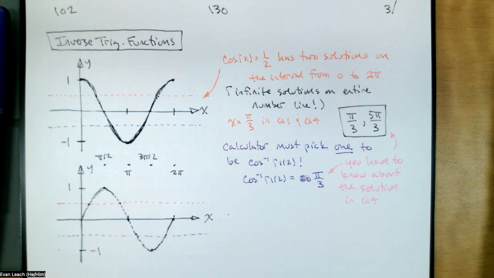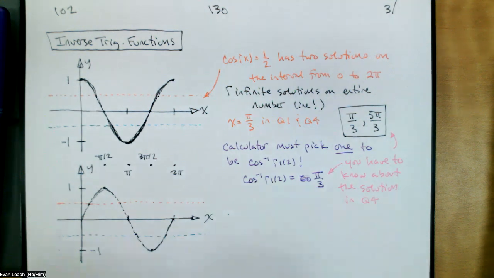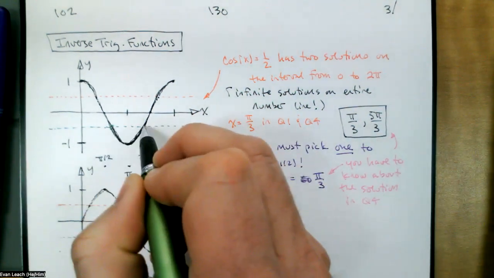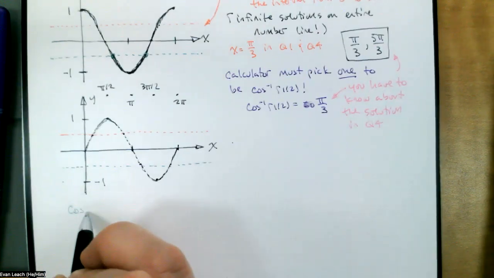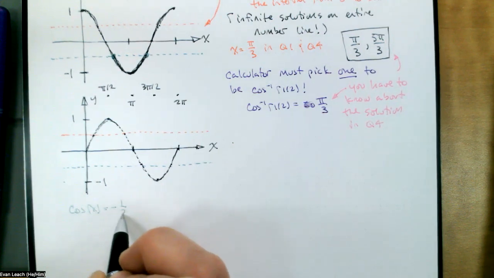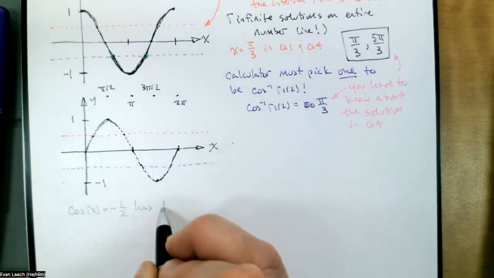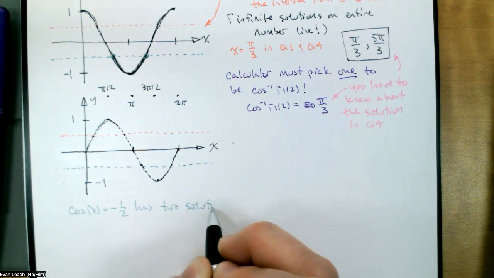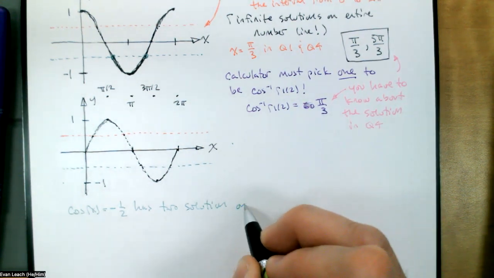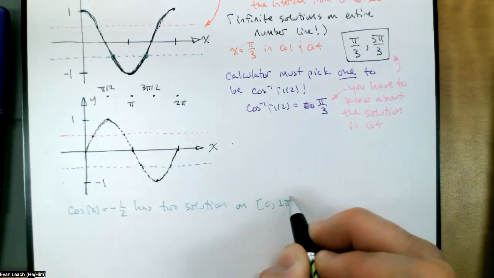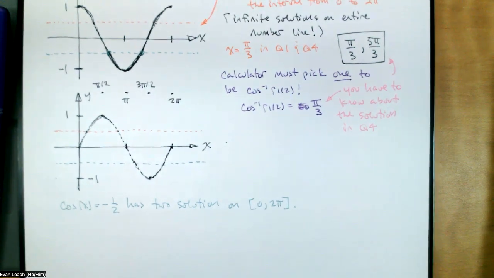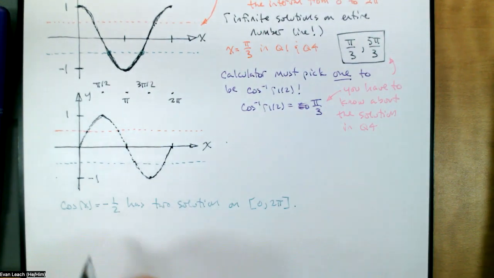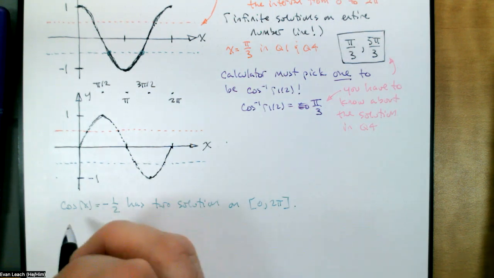The same thing happens when we look at cosine of x equals -1/2. We can see those two solutions because cosine is negative in quadrant 2 and quadrant 3. So cosine of x equals -1/2 also has two solutions on the interval from 0 to 2 pi. Infinitely many solutions on the entire number line like normal, but we know that cosine of 1/2 is going to be a pi over 3 reference angle.